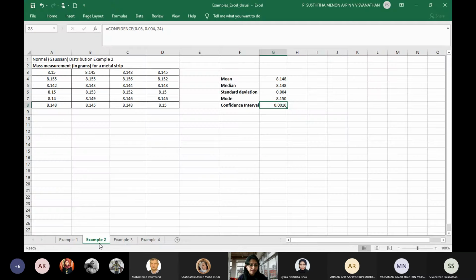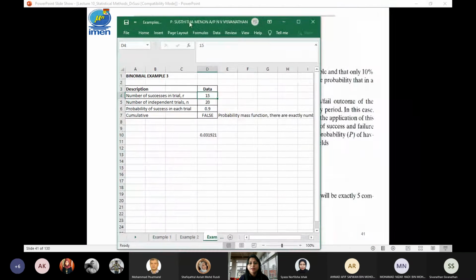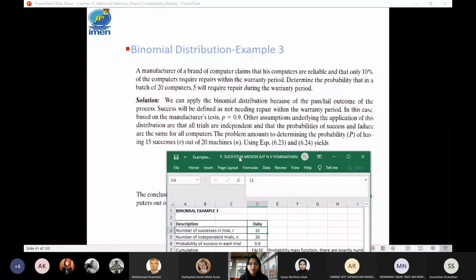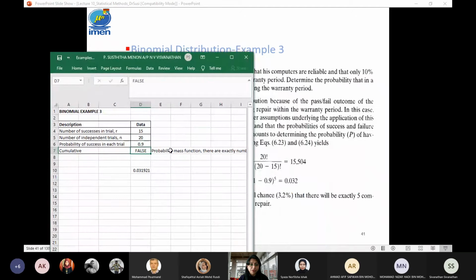I go back to Excel, all right? So the number of successes is 15, the number of trials is 20, the probability of success is 0.9, p equals 0.9, and we choose false because this is the probability mass function.